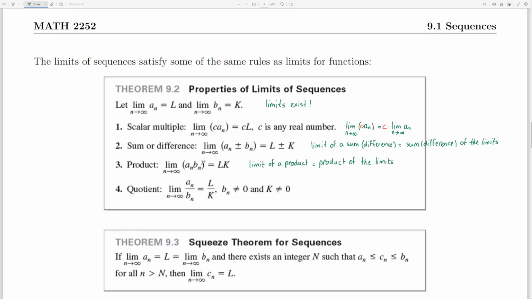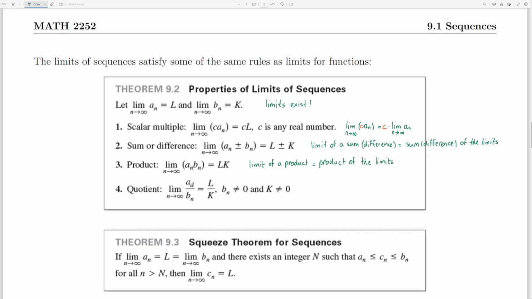You may have some cases where the limit of the product exists, but it's not equal to the product of the limits because one of the limits might not exist. So something like 1 over n times n.